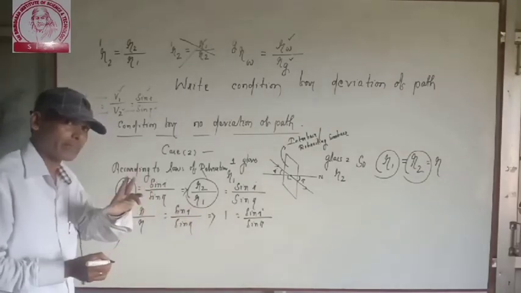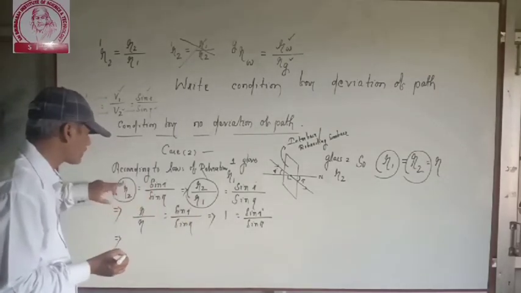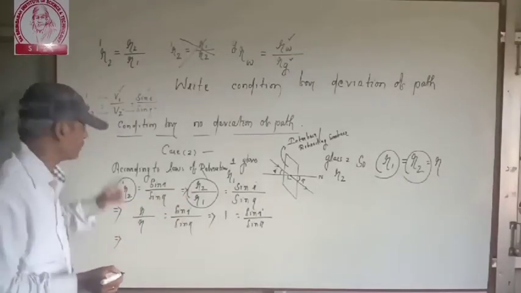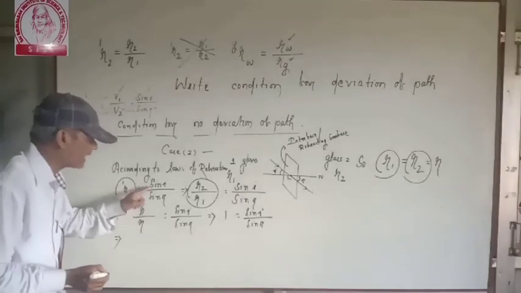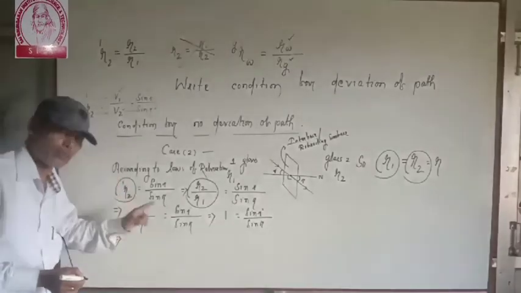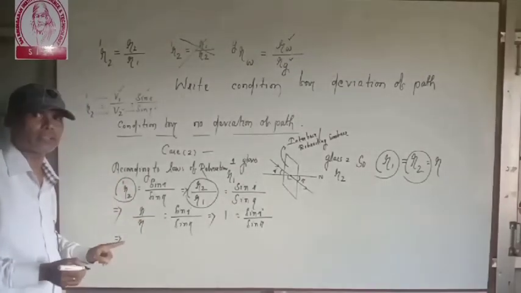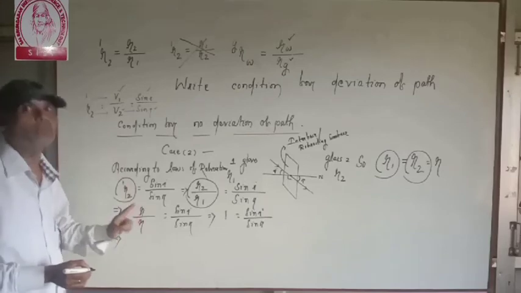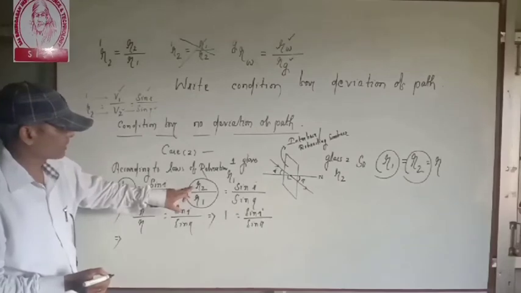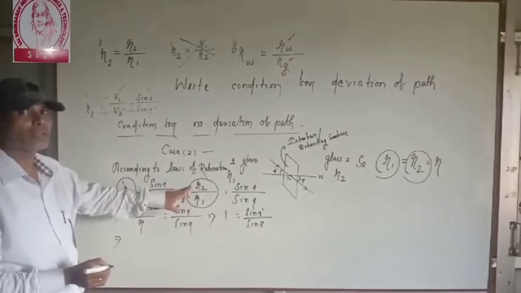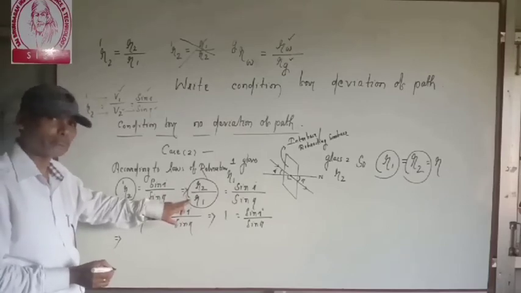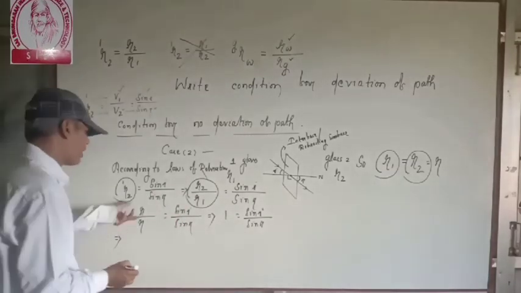So always remember 1 mu2 is equal to mu2 by mu1, not mu1 by mu2. 1 mu2 is equal to sin i by sin r, is equal to v1 by v2, is equal to lambda 1 by lambda 2, but is equal to mu2 by mu1. So in the numerator always will be mu2, and in the denominator always mu1.